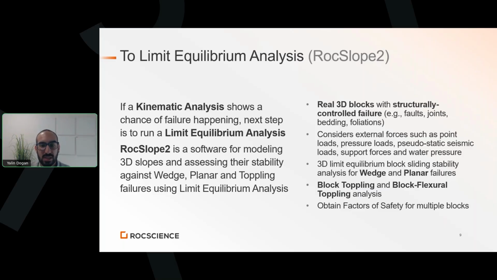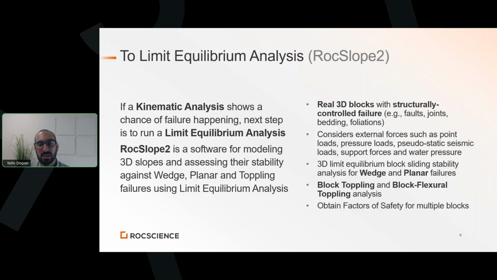If the answer is yes, then there's a potential for failure. Now, it's important to remember that this is a pretty simplified check. It's not doing a full limit equilibrium calculation, and there's not much physics behind it. But it's super useful to quickly see how we should expect failures on our slope.